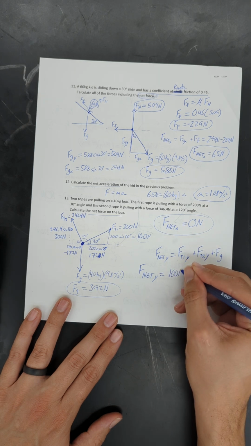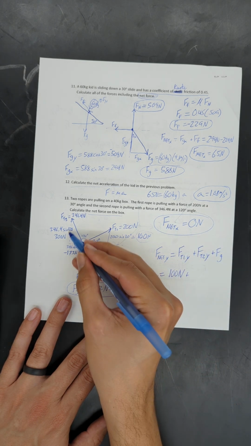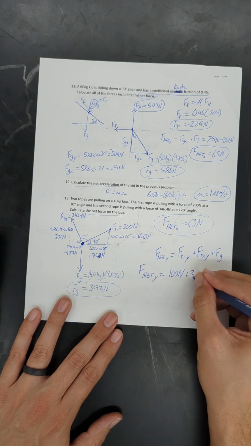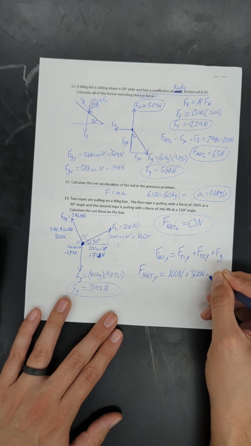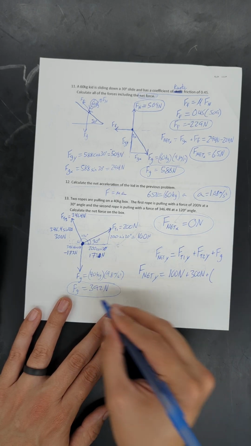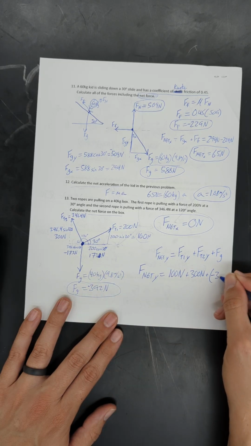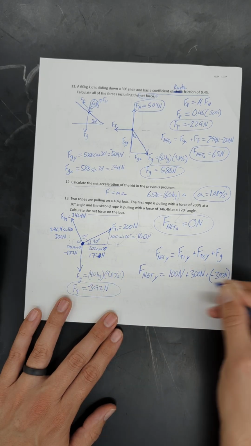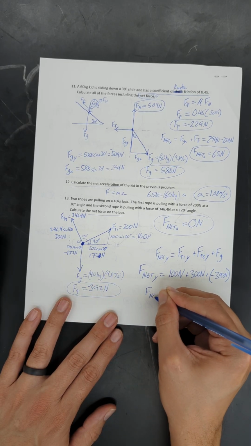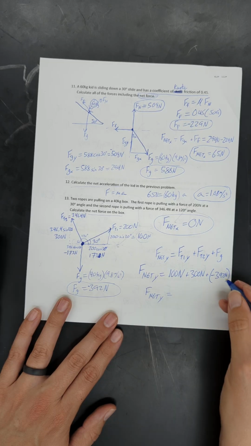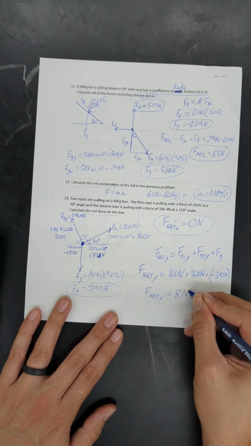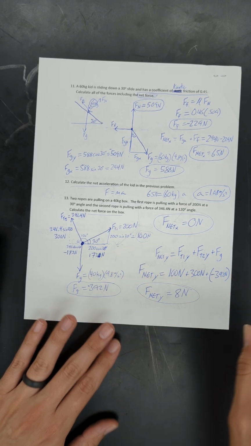Force of tension 2, 300 newtons up. Gravity plus, we got a negative number here because remember gravity is pulling us down. Negative 392 newtons. Add them all together, and this box is being pulled with 8 newtons of force up.